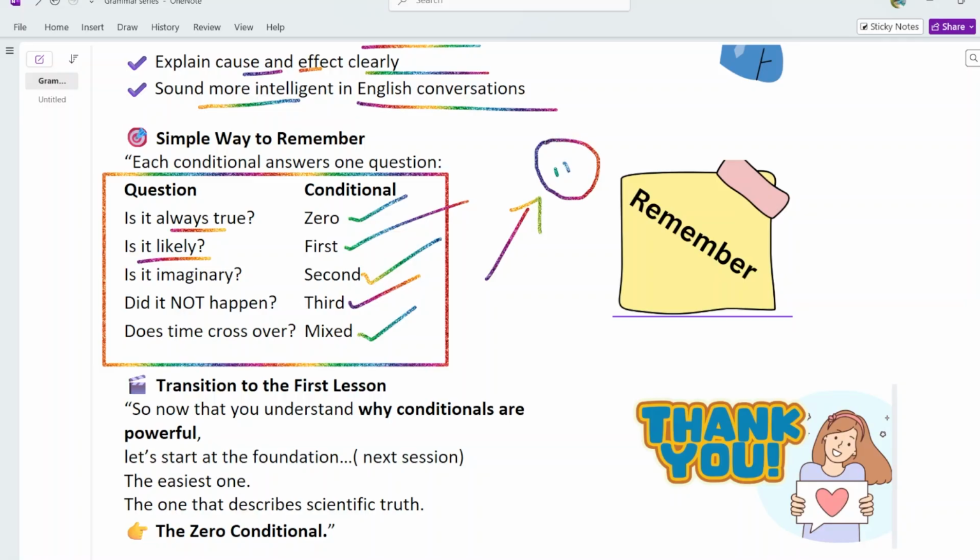This video is in relation to the overview of conditionals. There are no guided practice sessions within this particular lesson, because this is just an overview again. What best you can do is sit back and memorize only this part. Pause the video and memorize only this particular part. Okay, so that is what I want you to do.